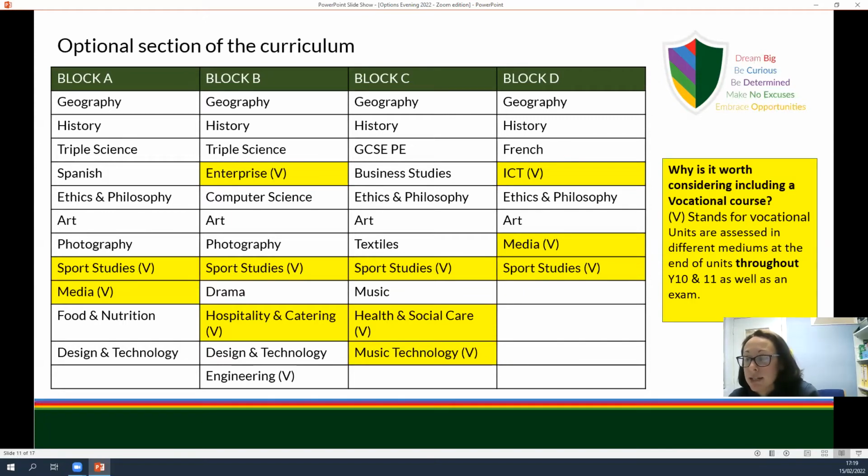To give you an example, in the past, it might have been that a GCSE subject only had one GCSE exam to sit in the main hall, and most subjects now have got 2 and sometimes 3 exams that they're sitting. So the idea of that with vocational is that you could balance your curriculum and your timetable.